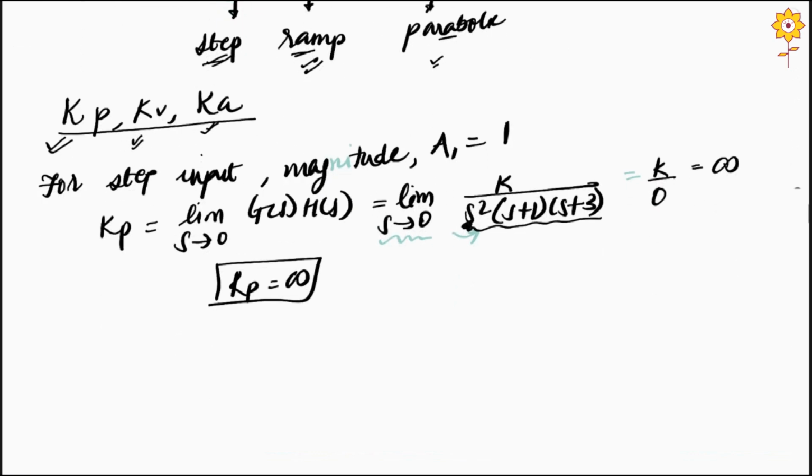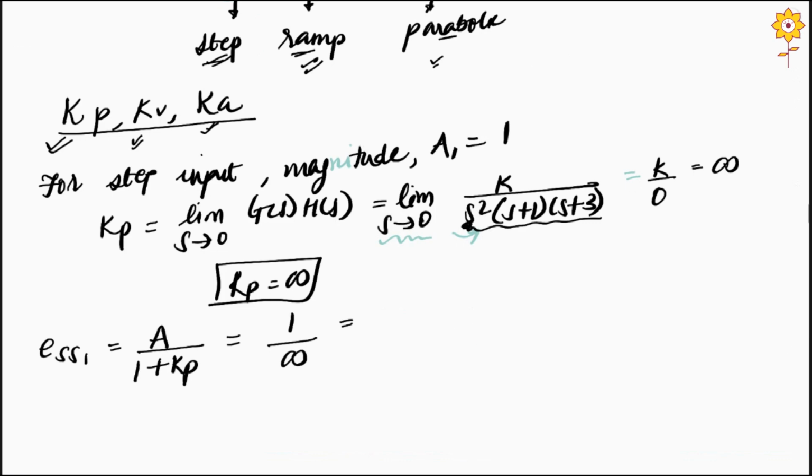Now, we will find the steady state error in the case of step input. The formula is A, that is magnitude, upon 1 plus Kp, correct. So, we know the magnitude, that is 1, and we know the value of Kp is infinity.